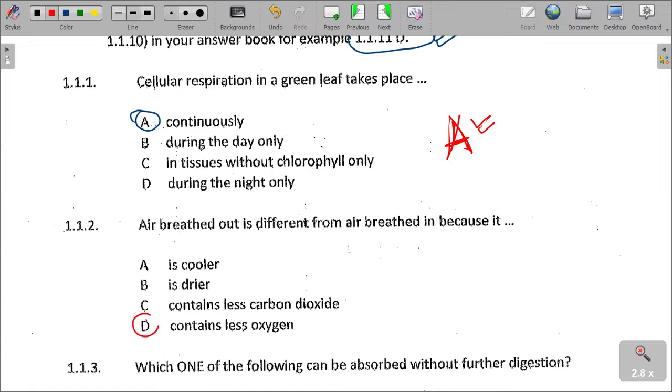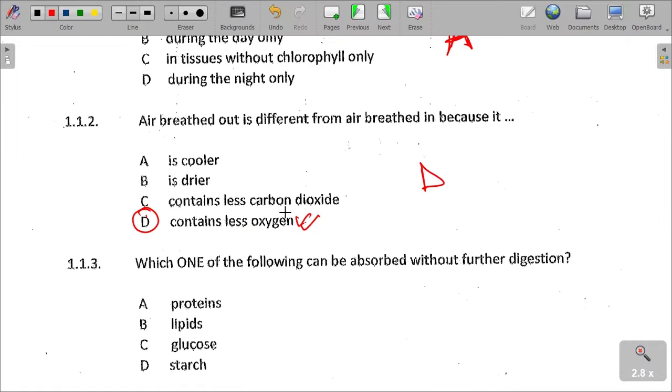Air that is breathed out contains less oxygen. So our answer is D, it contains less oxygen. Please make sure that you don't make mistakes. Follow the answers correctly. It is D.